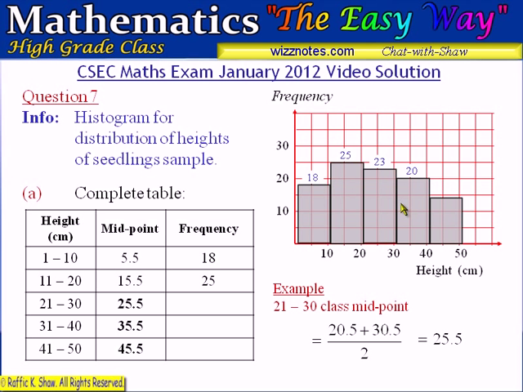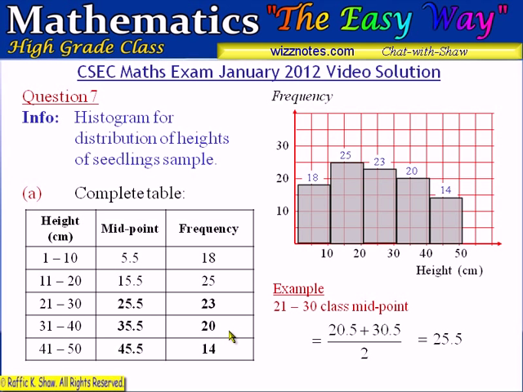That will be the frequency. And from here, we can read that it will be 14. So we read these frequency values from this histogram, and so we can now complete the table. So it's 23 for the third class, 20 for the fourth group, and 14 for the final group. So that's the table completed. That's the solution for question 7a.